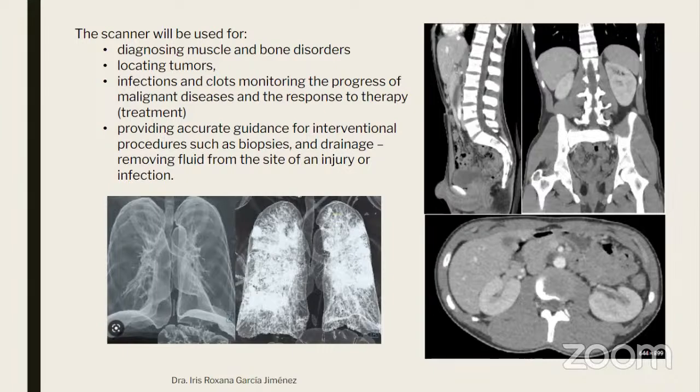Of course, we can take a tumor and catch the inside with different maneuvers or different devices. And it can also help to take away the blood or the pus according to the situation you are considering.